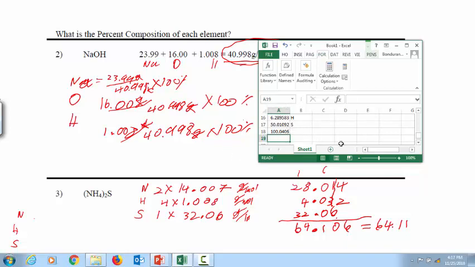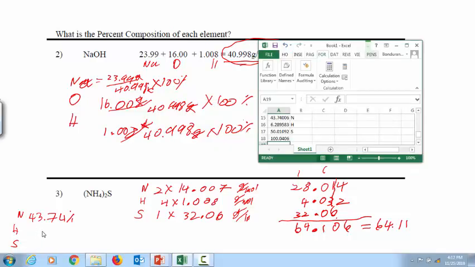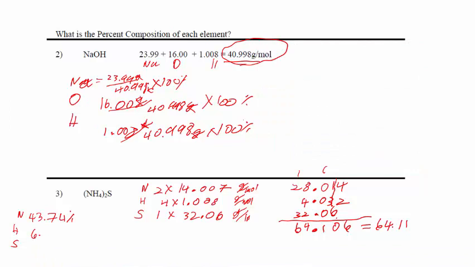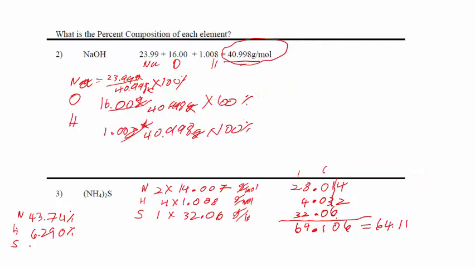So that would be how you do this one. Nitrogen is, what's it again? 43.74%, 6.290%, and 50.01%.